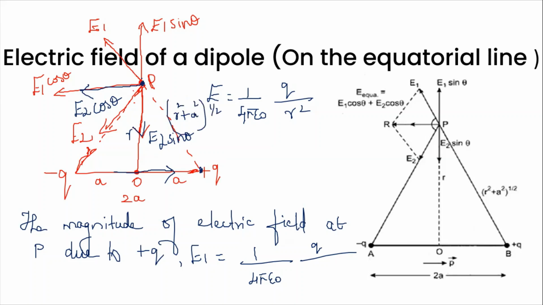This side also will be the same. So this hypotenuse is equal to r square plus a square power 1 by 2, but we need r square here, so this will become r square plus a square.